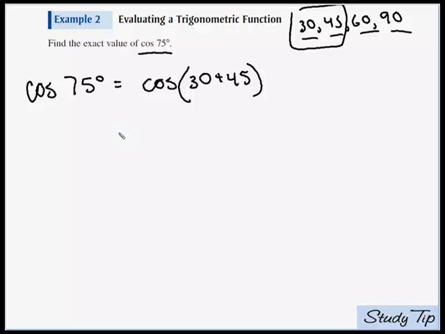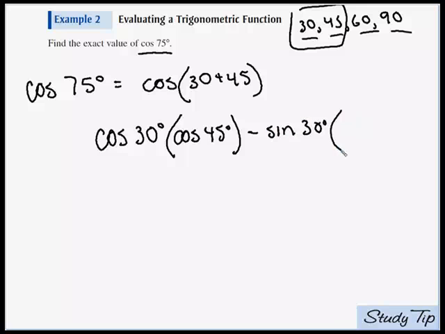We're going to have the cosine of the first thing, the cos of 30, times the cosine of the second thing, 45. And then we're going to subtract the sine of the first thing, 30, times the sine of the second thing, the sine of 45.